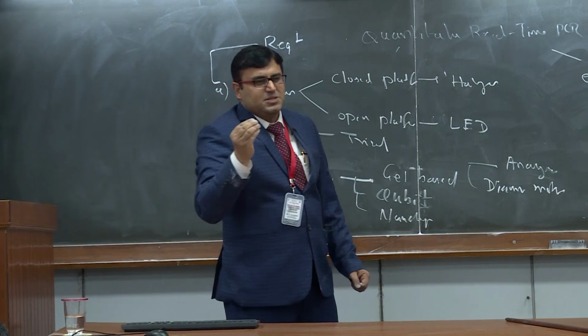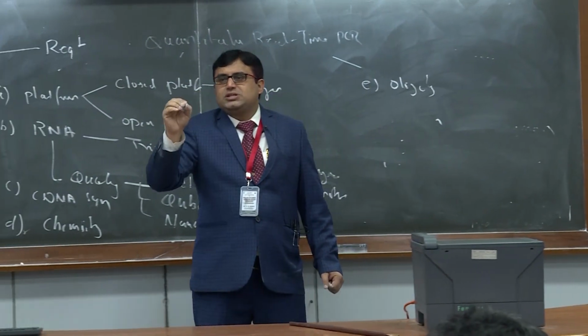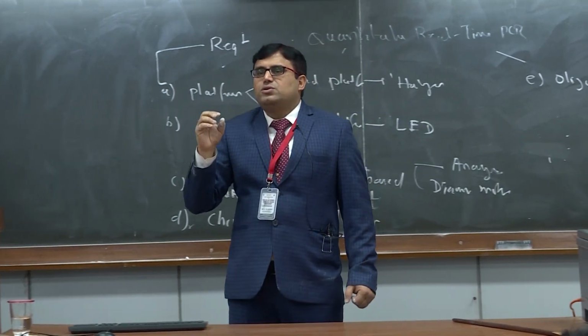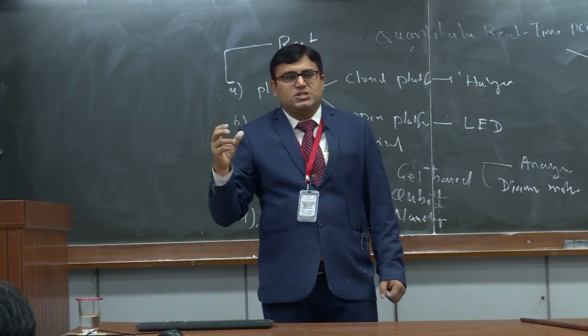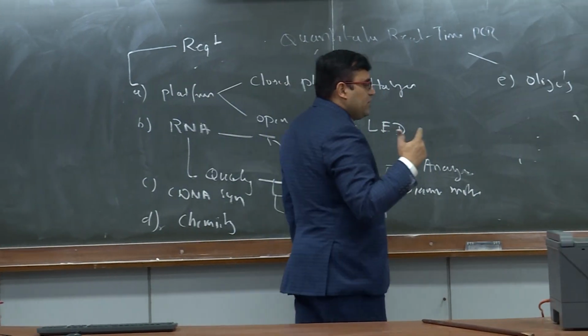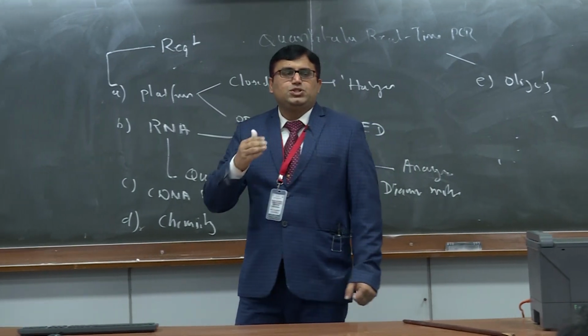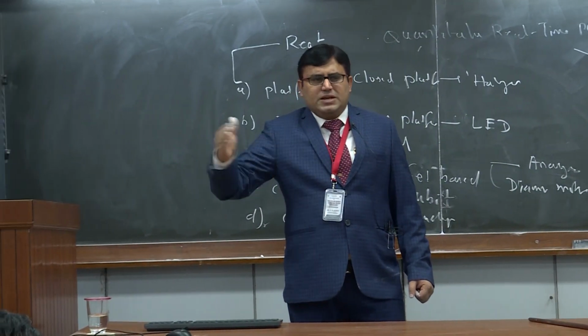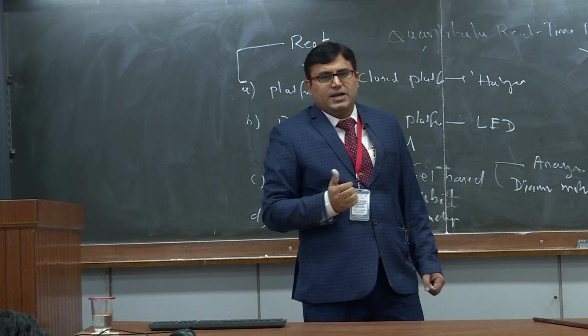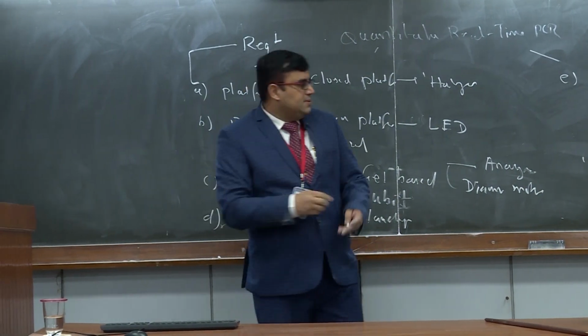Some of the specific features which you have to put into the software for a good primer to be used for expression analysis are, first, length. The optimum length of the oligo should be 18 to 20. It should not be very long, like 22, 24. 18 to 20 is the optimum length of the oligos.